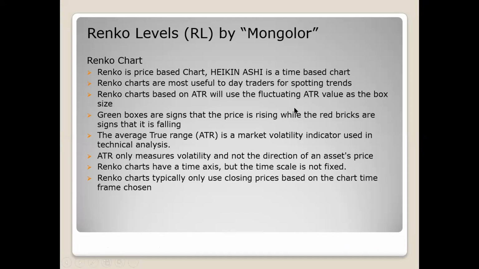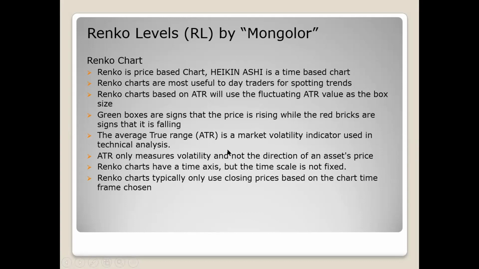ATR is the average true range, which is a measurement of volatility. The block size of each Renko block depends upon the ATR. The green boxes signify that the price is rising, and the red gives an indication that the price is falling. ATR, as I explained, is a market volatility indicator, basically used for technical analysis.